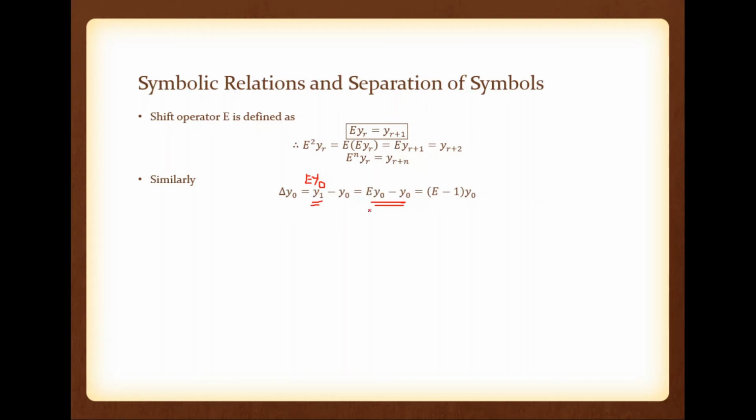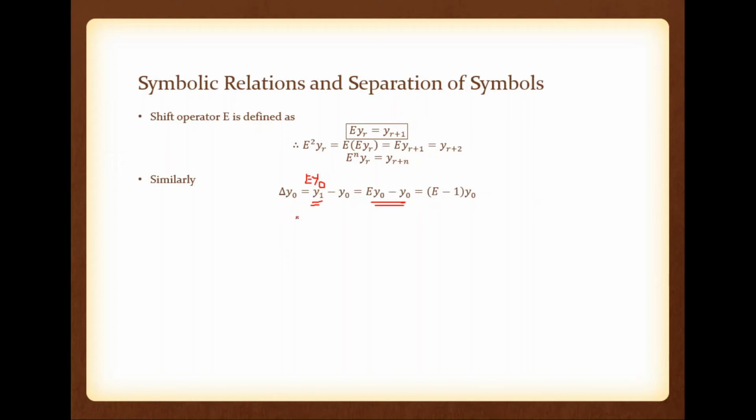From the operator point of view, I told you E is an operator, so I can take Y0 outside. I can write delta Y0 is equal to E minus 1 into Y0. Is it okay?